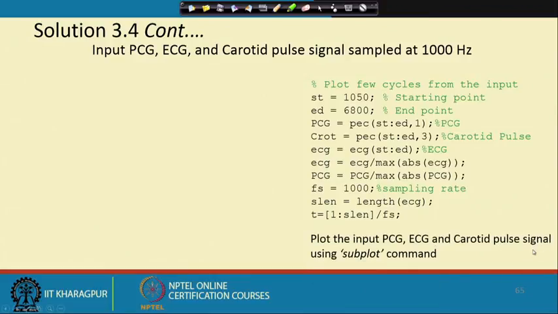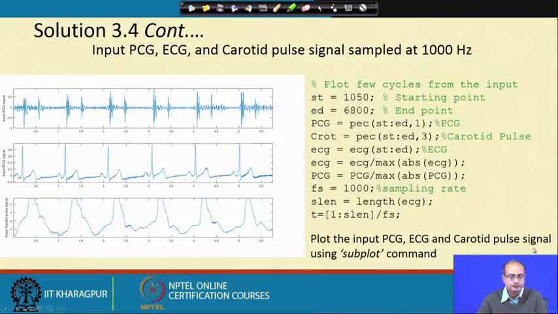As a first part, we show all the three signals together. We read the PCG signal and we plot them on the left hand side.